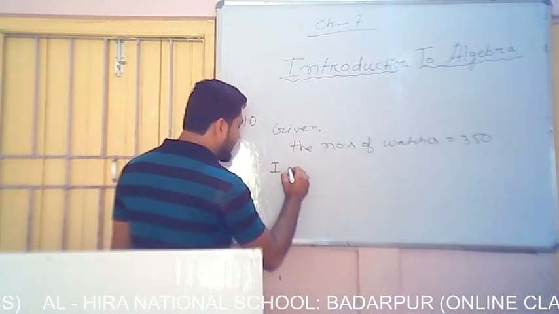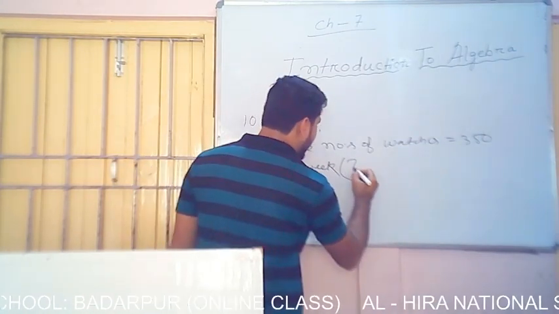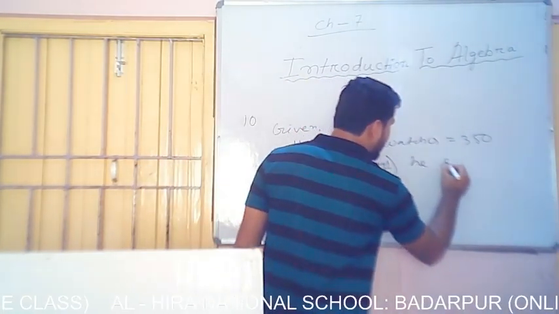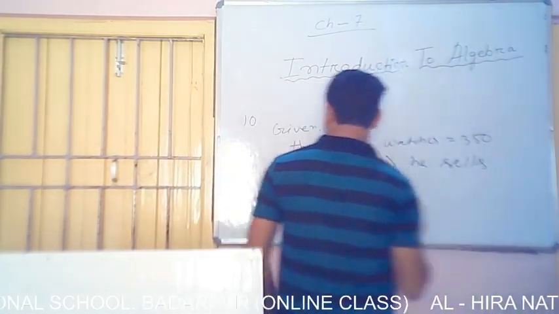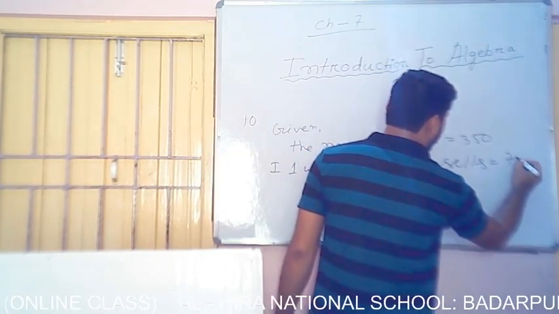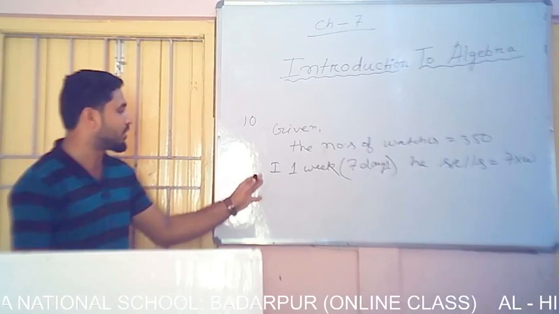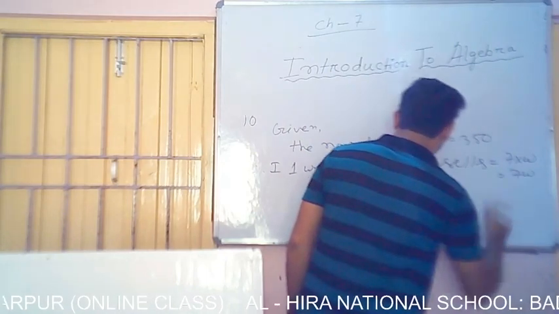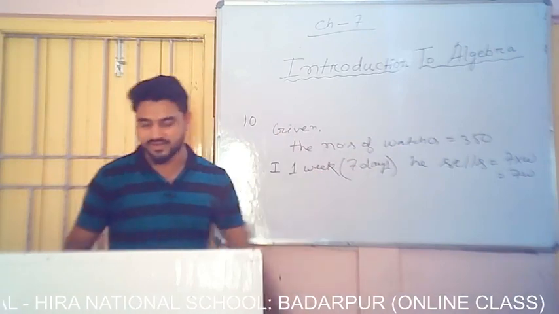Therefore, in 1 week, that means in 7 days, he sells 7 into W, because he sells W watches every day. So for 1 week he will sell 7 into W, that is 7W. In 1 week he will sell 7W. Why? Because in a week there are 7 days.